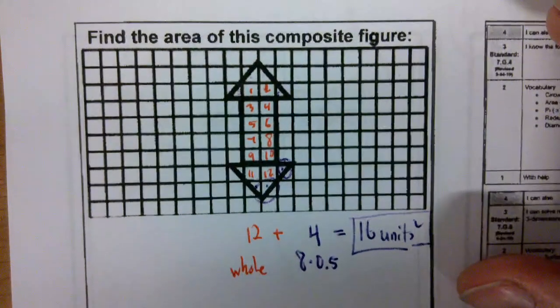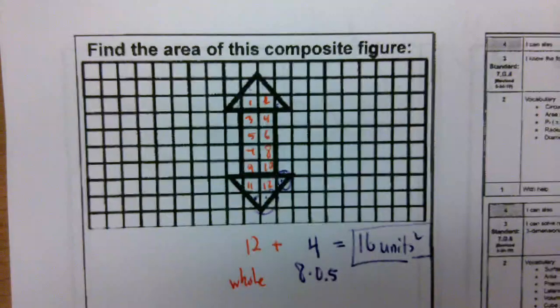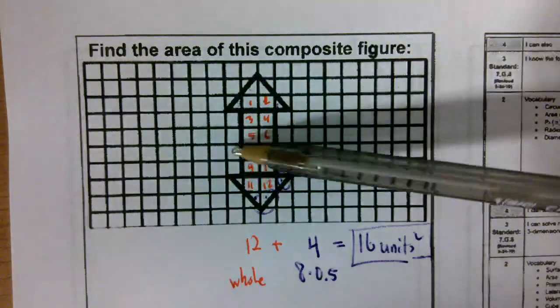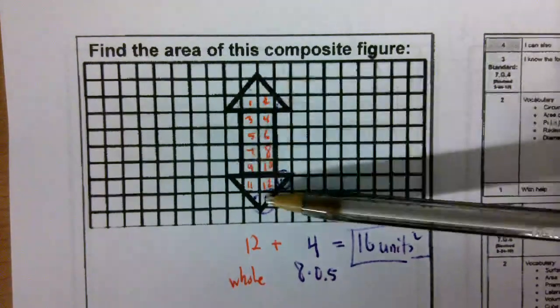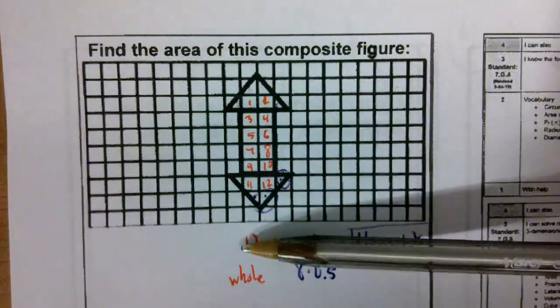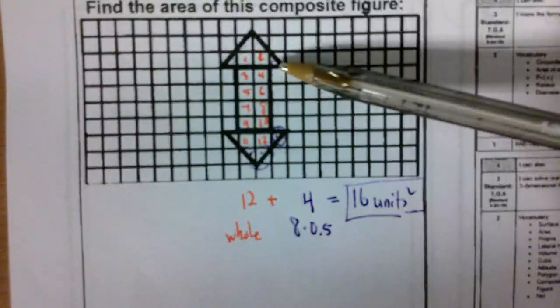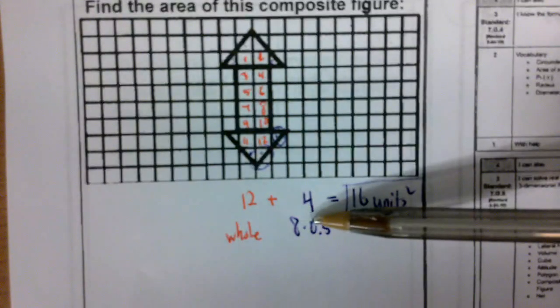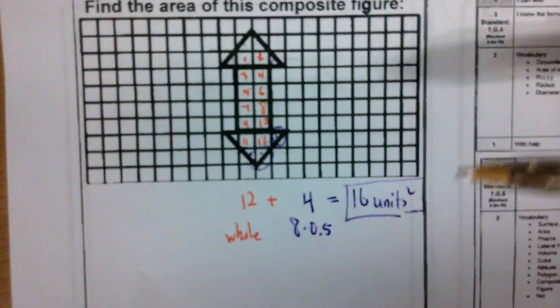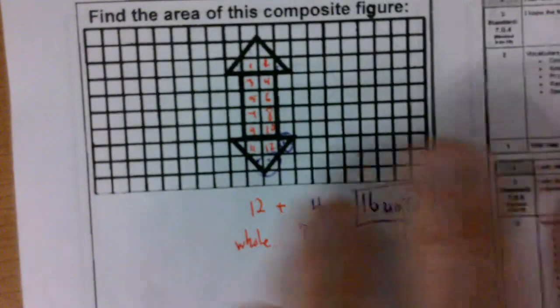So whether it's IXL or NDSA, or for us just today in our assignment, if it's something like this, count the full boxes, write that number down, and then count up how many half boxes there are, multiply that by that half, by that 4, and that gets you your 16 units. Go ahead and turn the page, and again, if you see the notes online, this is all in color.